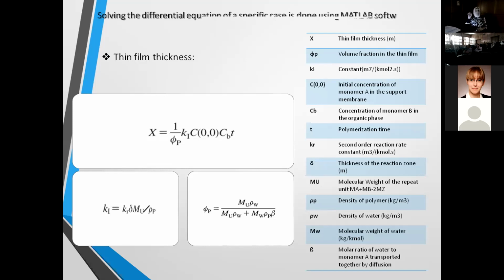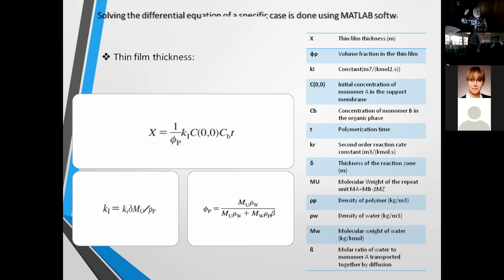Ki is a constant and can also be calculated by the equation on the right. Kr is the second order reaction rate. Sigma is the reaction zone. Mu, as we said, is the molar mass, and rho p is the density of the polymer. Finally, we put these equations in the main equation of X.